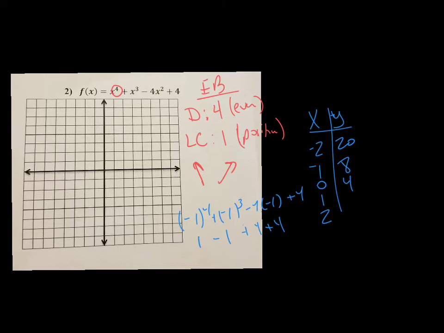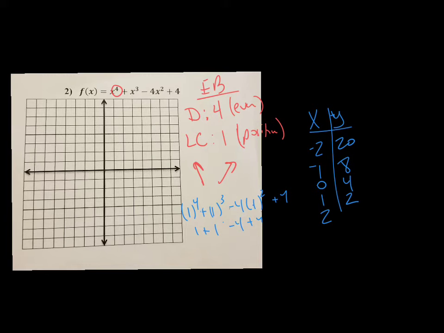I plug in 1. So I'm going to do the same exact thing, but this time instead of x, I'm going to put positive 1. So remember, this is plug and chug like we did in the fire starter yesterday. So I'm going to put 1 to the 4th plus 1 to the 3rd minus 4 times 1 squared plus 4. So I get 1 plus 1 minus 4 plus 4. I get 2.